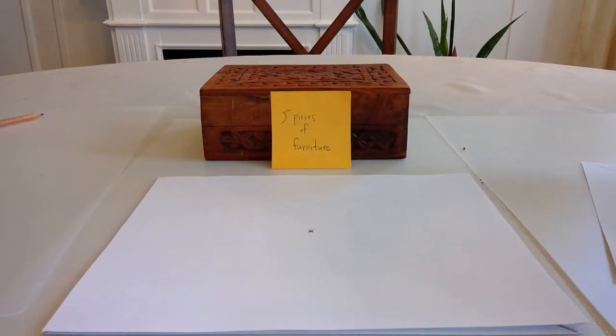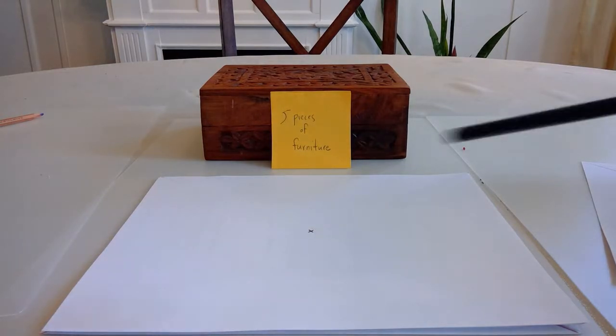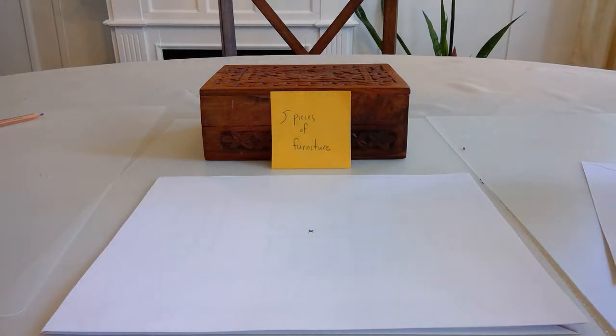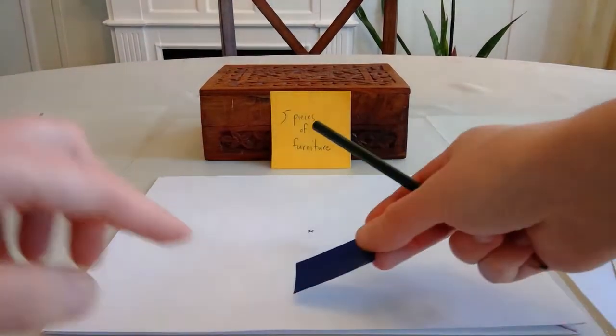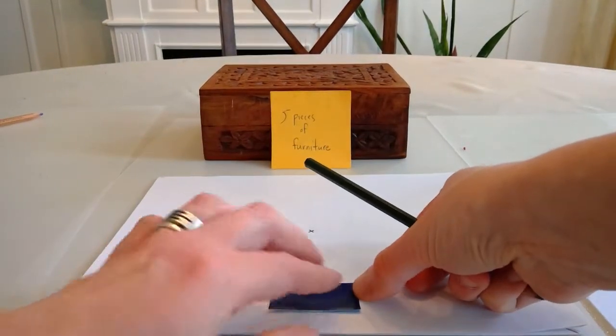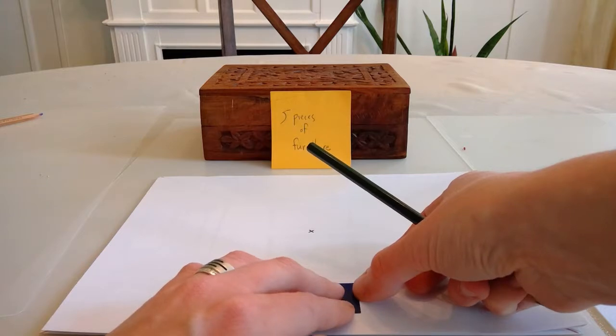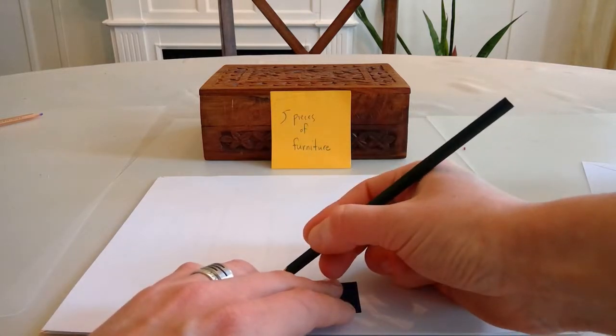Okay, so I'm going to demonstrate a few of the furniture pieces that students tend to have questions with. The first one I'm going to do is a coffee table, because that's going to go in the center of my room. You could also do a larger square for this part if you're making a kitchen table, but for our purposes, let's just go with this lower piece.